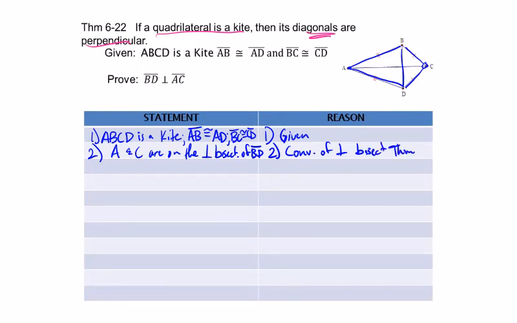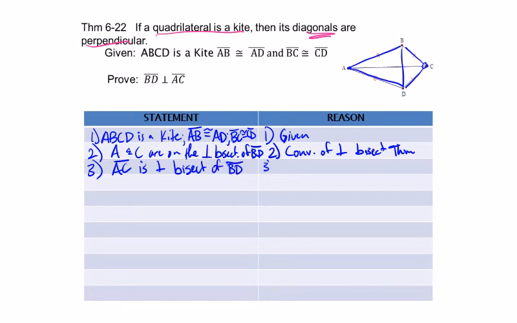Okay, so it says if a point is equidistant from a segment's endpoints, then it must lie on the perpendicular bisector of that segment, right? Okay, so now we essentially have it, right? We just have to say that AC is the perpendicular bisector. If A and C are both on it, then AC itself must be the perpendicular bisector of BD.